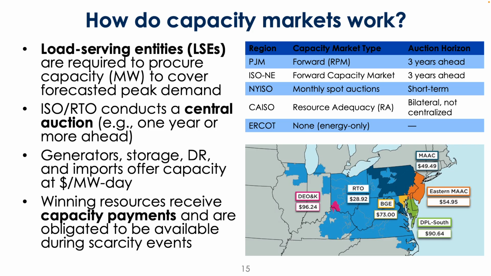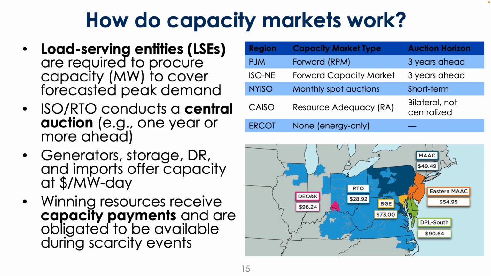Okay, so how does a capacity market work? Our load-serving entities, again, the guys who are producing or procuring electricity for an end consumer, are required not only to procure electricity, but also capacity to cover forecasted peak demand. An ISO or RTO, which we're going to talk about in a second, are system operators, right?